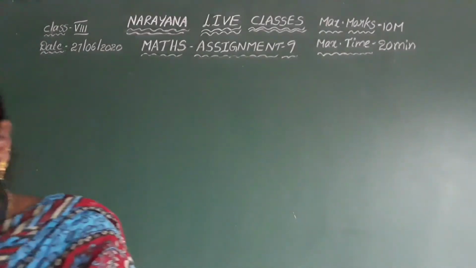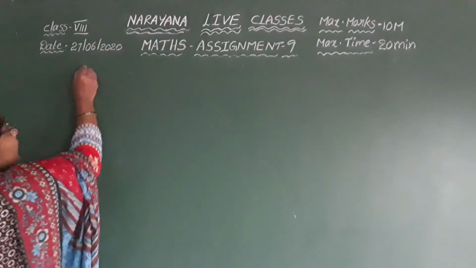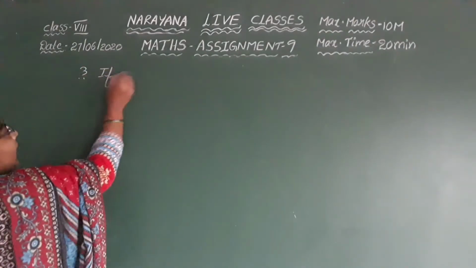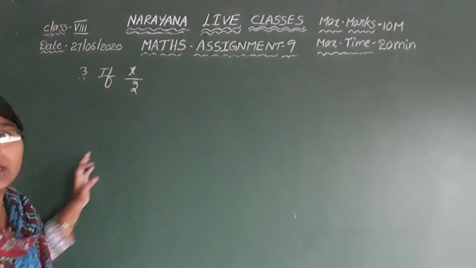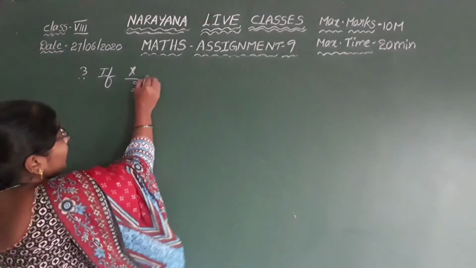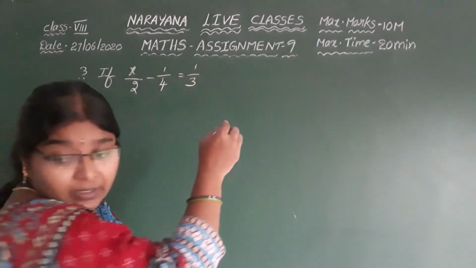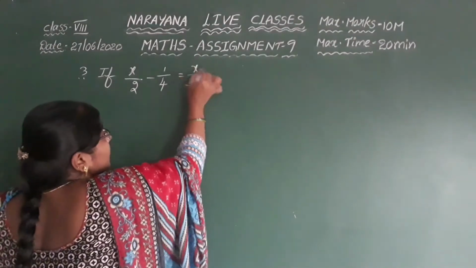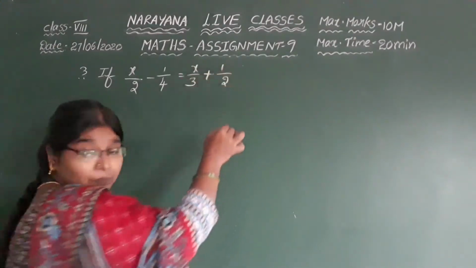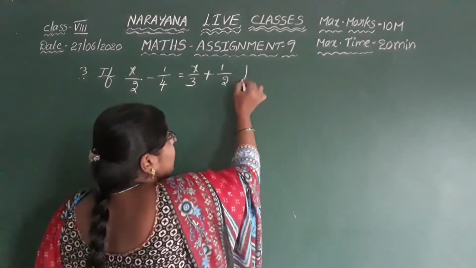The third question is, if x/2 - 1/4 = x/3 + 1/2, then the value of x is.